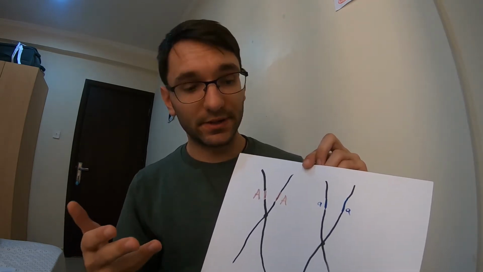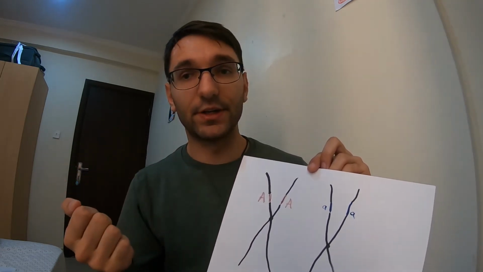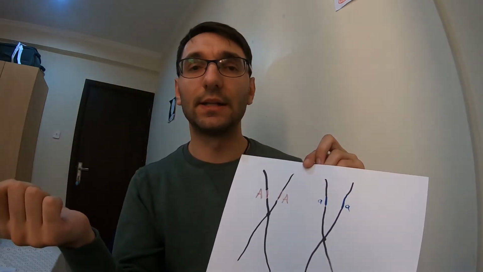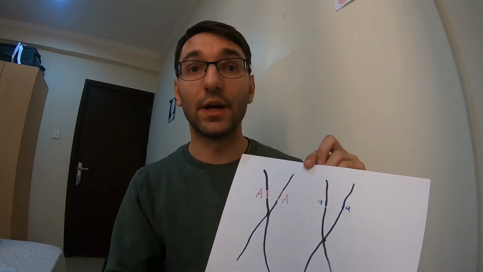So basically, this can be, in the Mendelian experiment, this one can determine the yellow color of the seeds. This one can determine, for example, the green color of the seed. So in the previous video you saw that in F1, or first filial generation, there are only seeds with yellow color.